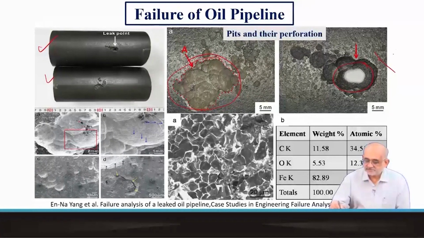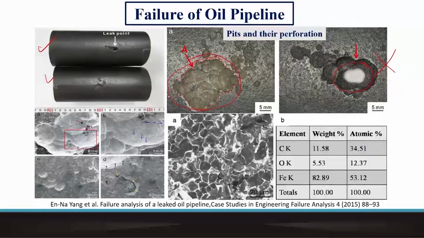And of course, this is a hole which is absolutely undesirable because it leads to catastrophic loss of petroleum or the carrying gas, whatever is being conducted. And the entire system has to undergo a shutdown, and this repair requires a lot of time and effort.